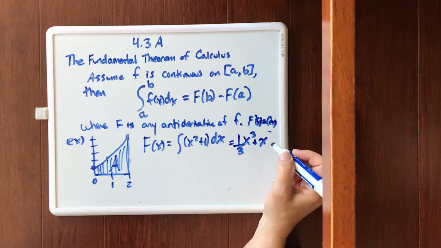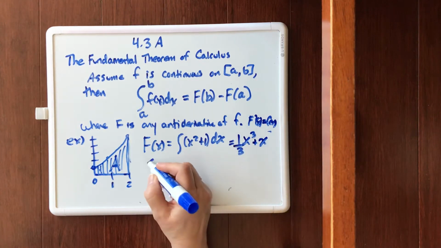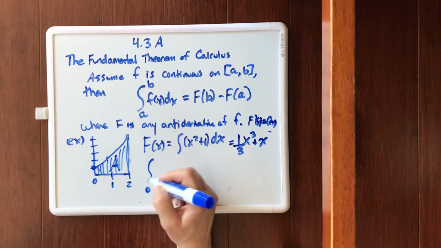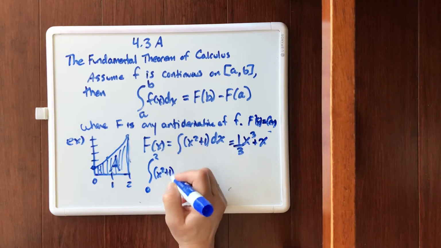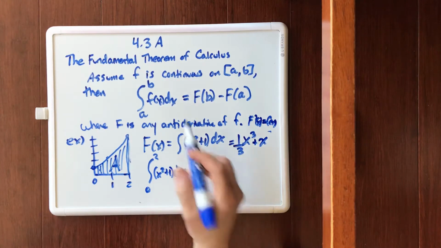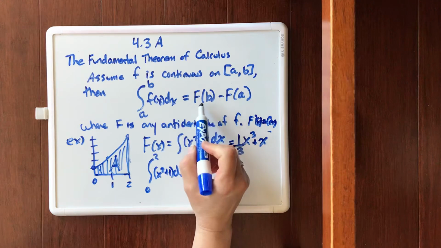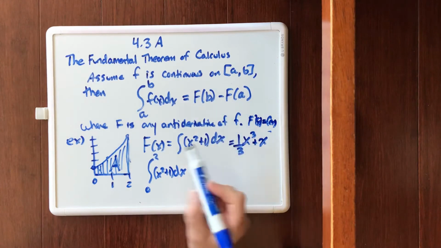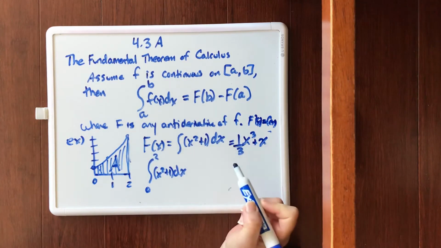All right, so now let's actually do it. We're going to integrate from 0 to 2 of x squared plus 1 dx. All right, now according to the fundamental theorem of calculus, we're going to go F of b minus F of a. Well, here's F of x right here.